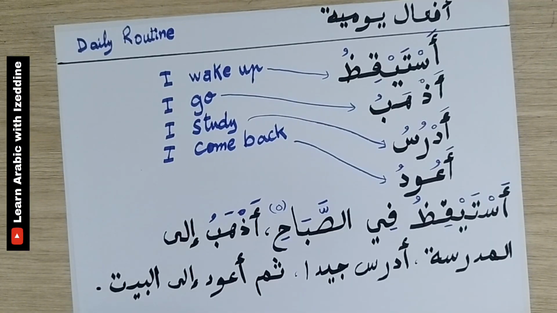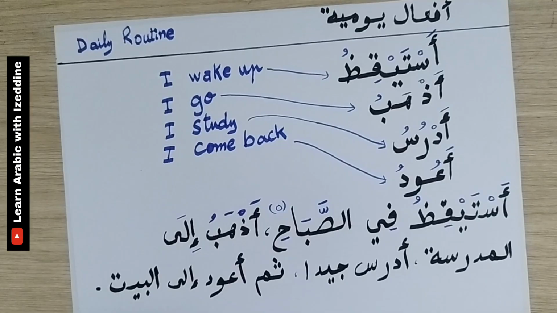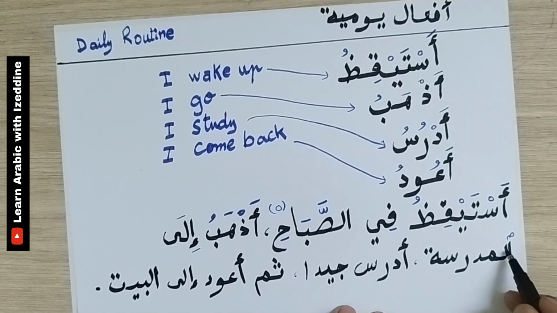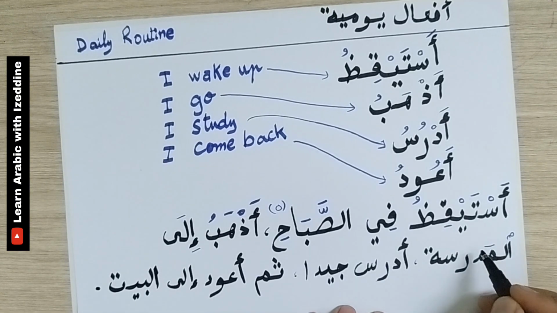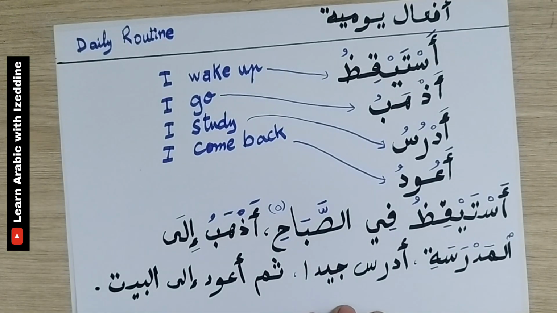أذهب. Yes. إلى المدرسة. So we put hamzat wasl because we pronounce مدرسة. Of course, here we have another stop like this one, so we pronounce it. The ta is going to be pronounced المدرسة.